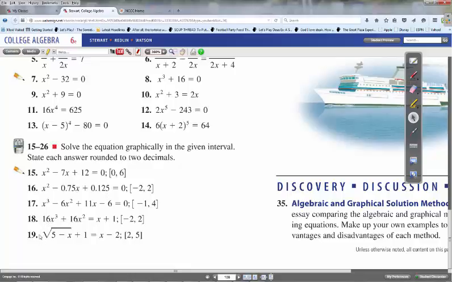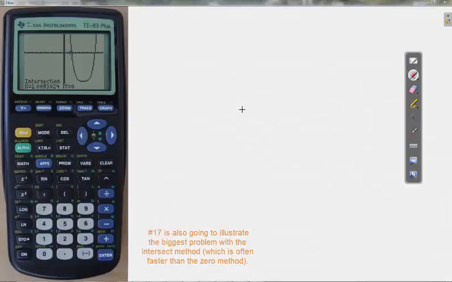No, I can do that one. Let's do problem 17. 17 is interesting in that it can't really be solved algebraically by any method we know now, or we might have something we can do with it later, but we'll see what we come up with. So I have x cubed minus 6x squared plus 11x minus 6 equals 0.